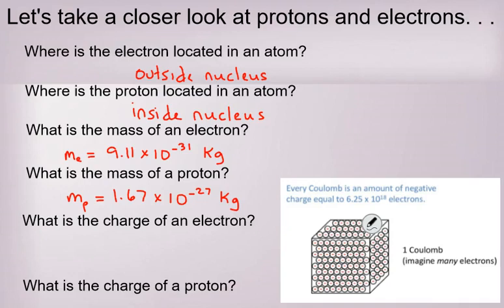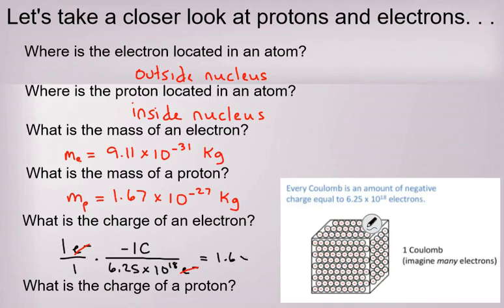And so to find out what the charge of a singular electron in coulombs is, we would use dimensional analysis. There are 6.25 times 10 to the 18th electrons, and that would make up -1 coulomb. And so if I do this dimensional analysis, electrons will cancel, and it will tell me how many coulombs of charge one electron is.